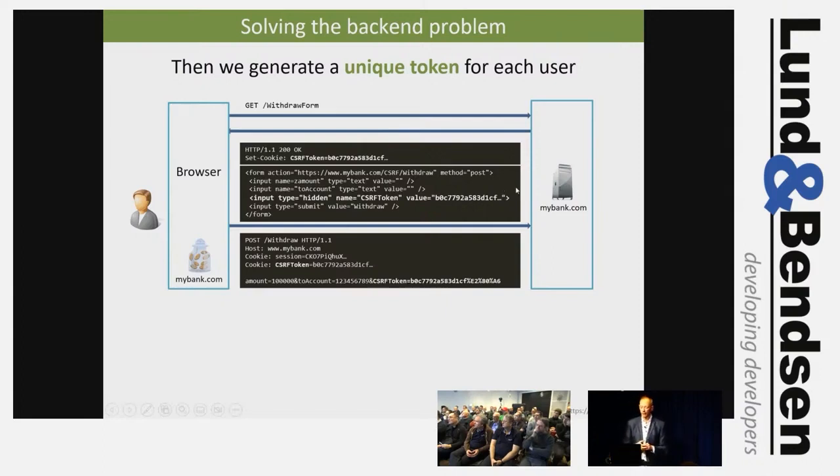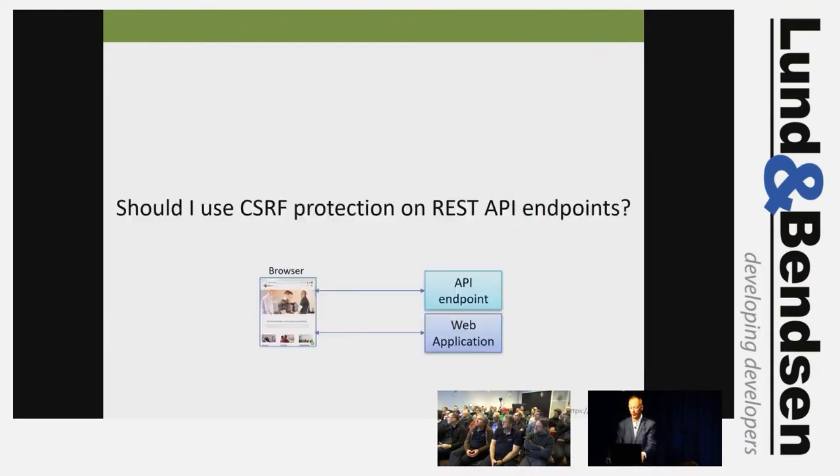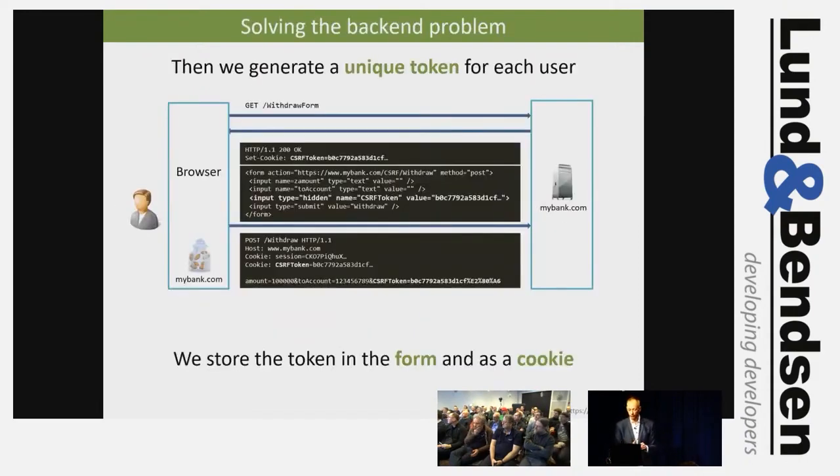This is a way that we can make sure that the form we receive back actually was generated by our own backend and not generated by someone else. The hacker can't get this secret value if we do a good security job otherwise. That's the main thing. So that is the CSRF attack in a nutshell.